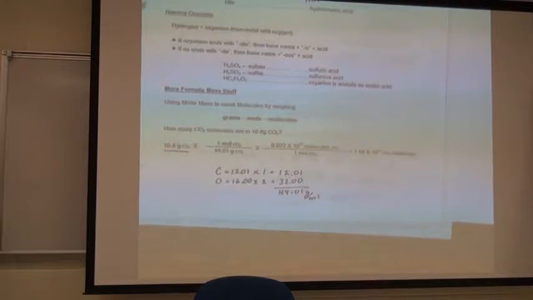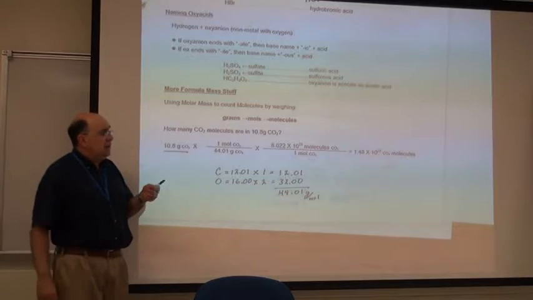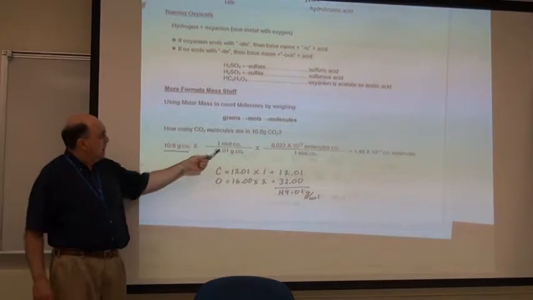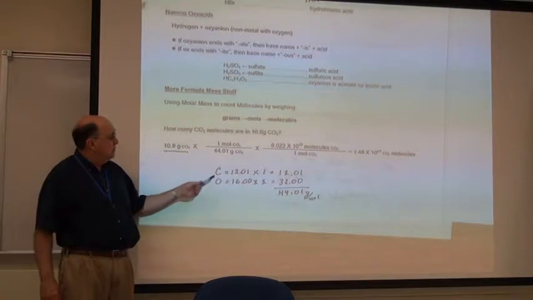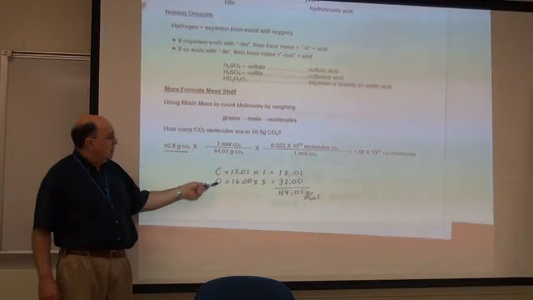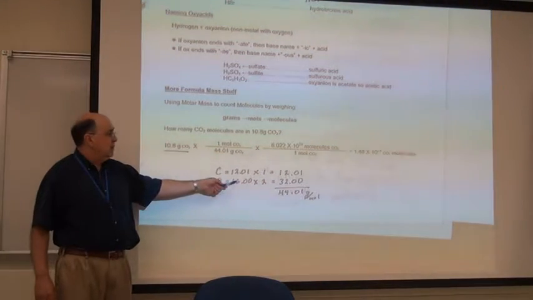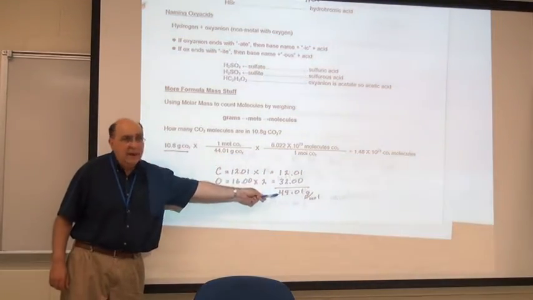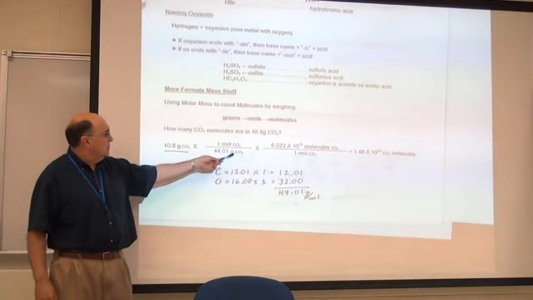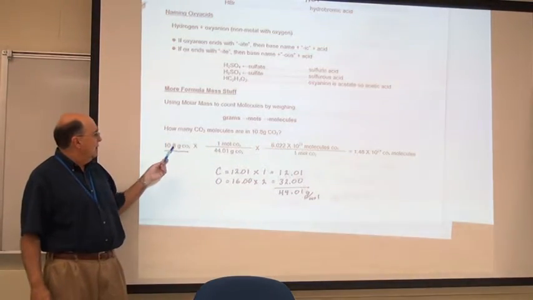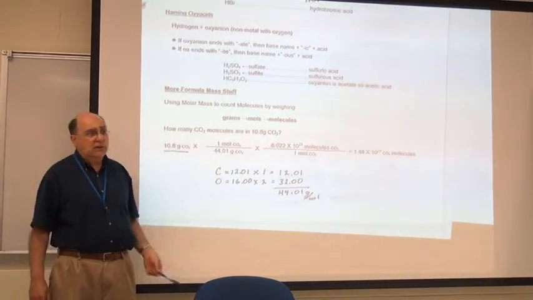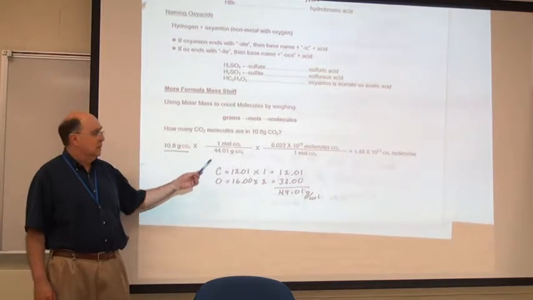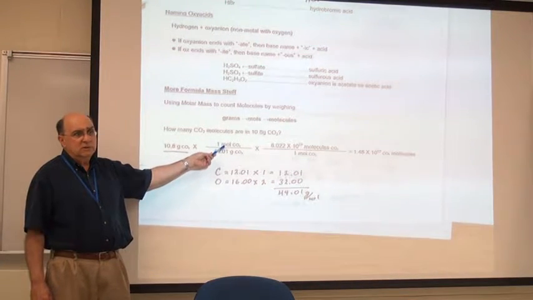Well, if it's a single atom, just look it up on the table. If it's a molecule, CO2, you've got carbon, you've got oxygen. This came off the periodic table. You've got one carbon, two oxygens, and then you add them together. Okay? So we've got grams here, moles here. So grams cancel. And so what have we got? We've got moles.